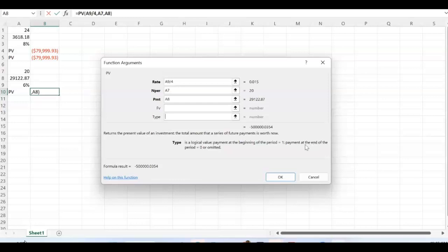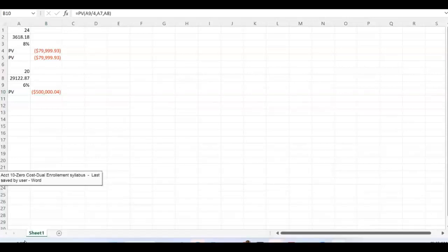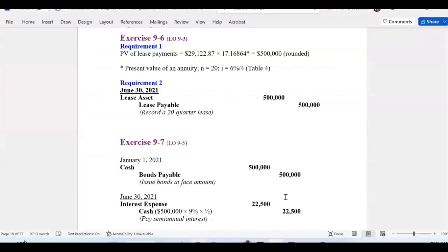That means the payment comes at the end of each quarter. So you see the answer is right there, 500,000. So click OK, and that's 500,000. Make sense? So that's how you use Excel if you like to do that. Cool.